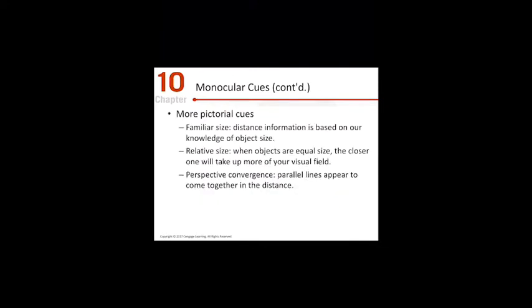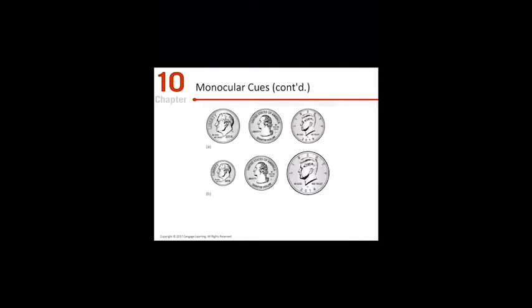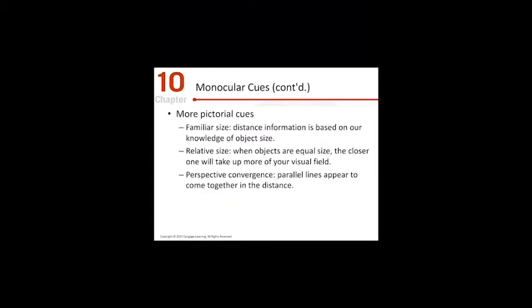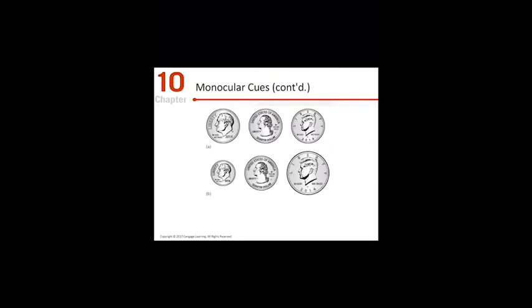Now, when it comes to familiar size, here it is, familiar size and relative size. This particular experiment was done where participants viewed these coins with one eye. Here we have a dime, a quarter, and a 50-cent piece. Most people know the size in relation to each other. The dime is the smallest, the quarter is the next, and the 50-cent is the biggest piece.